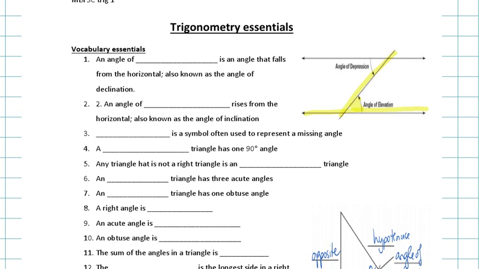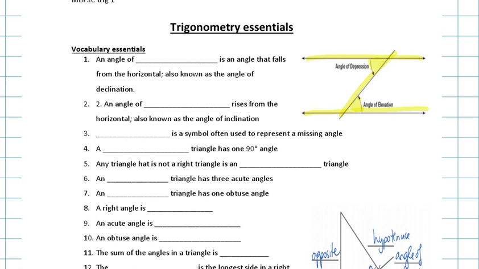So the important part is that it's between the horizontal and the object, okay? So this would be my angle of depression. Again, horizontal and the object. So that one works for looking down. This would be for looking down at angle of depression, and angle of elevation is going up, looking up.